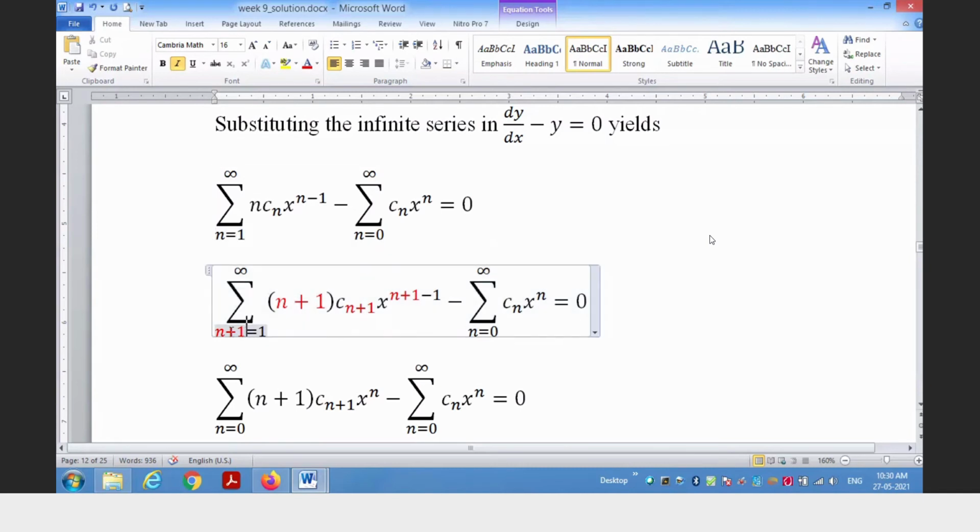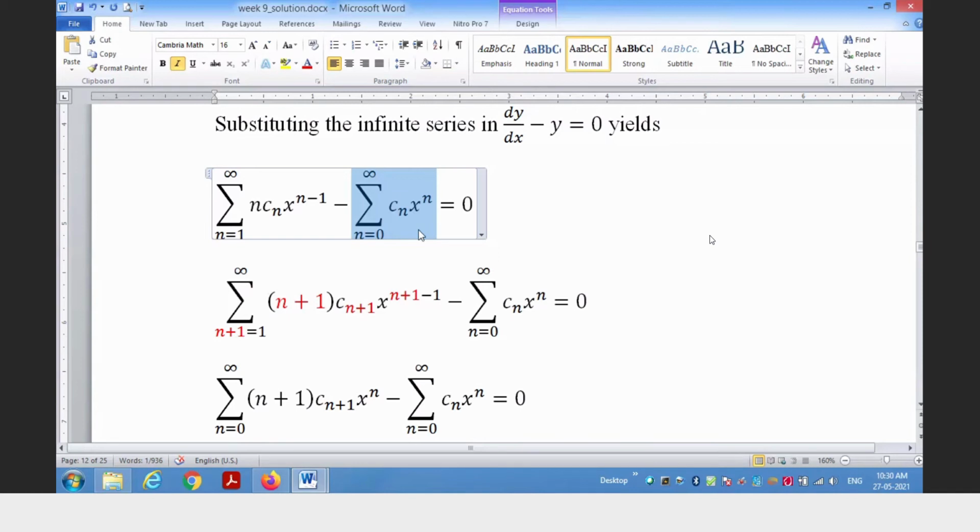Whenever you encounter n, you replace it with n plus 1. So this becomes n plus 1, cn becomes c(n+1), and x^(n-1) becomes x^((n+1)-1).